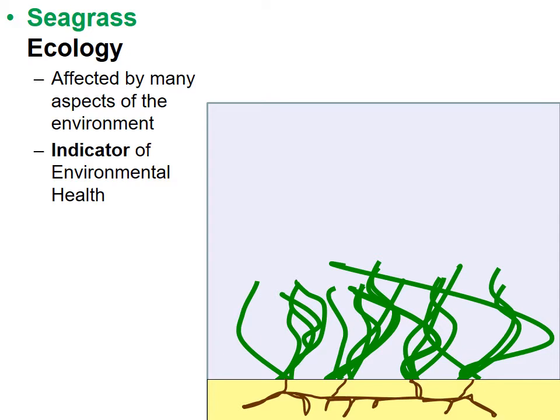The first environmental factor that affects seagrass health is light. Seagrasses need a lot of light. They need about 25% of surface irradiance to survive and reproduce. That means that almost a quarter of full-strength sunlight is needed to keep most species of seagrass alive. And sunlight does not penetrate infinitely far through the water.